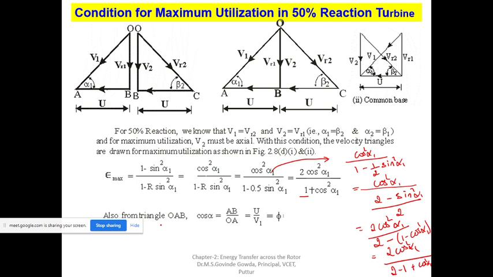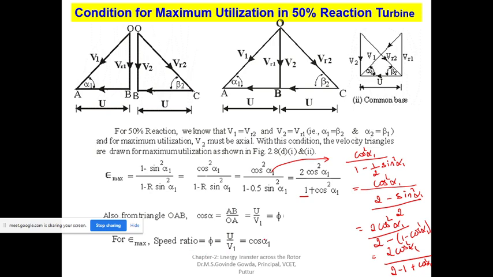Okay? Now, from velocity triangle OAB, if I consider OAB, what is cos alpha here? Cos alpha is given by AB by OA. Correct? So AB is how much? U. OA is V1. So what is U by V1 then? Speed ratio. Correct? So now, instead of cos alpha 1, I can substitute the speed ratio.